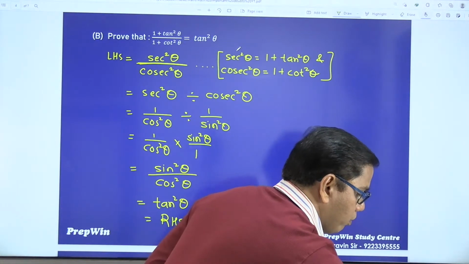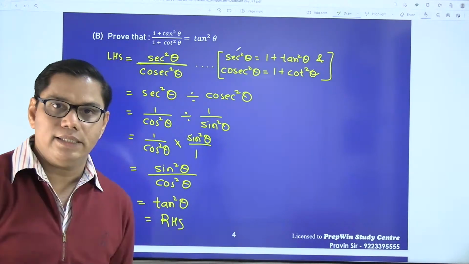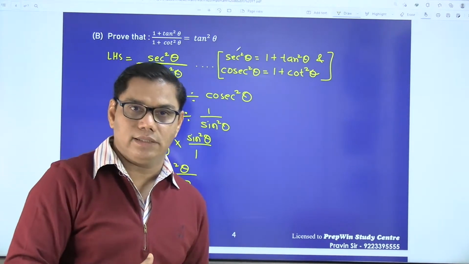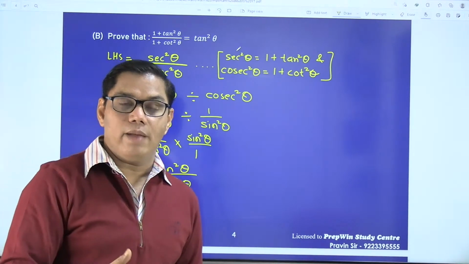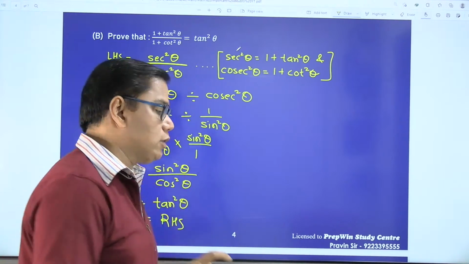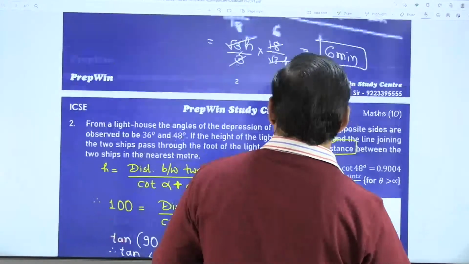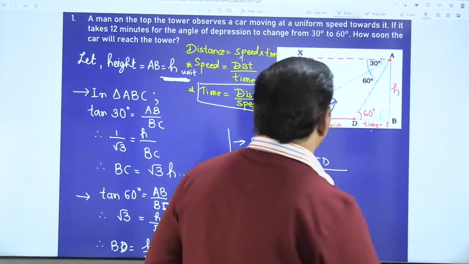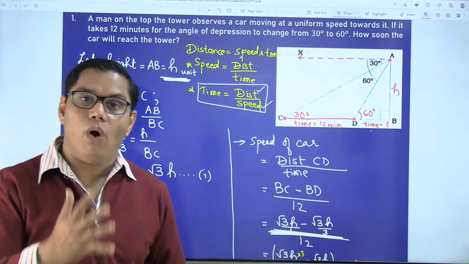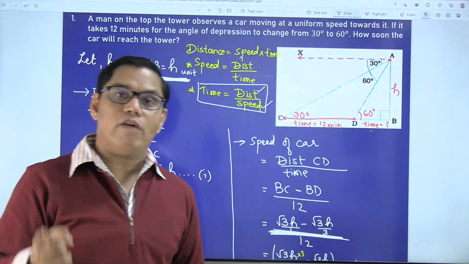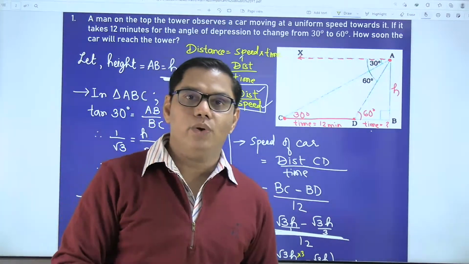For your kind information, I hope this was an easier one, not like heights and distances. It takes a lot of time. And for heights and distances, one more thing, for these two questions, it is clearly instructed that whether a diagram is given in the question or not given in the question, you have to redraw this diagram in your examination.